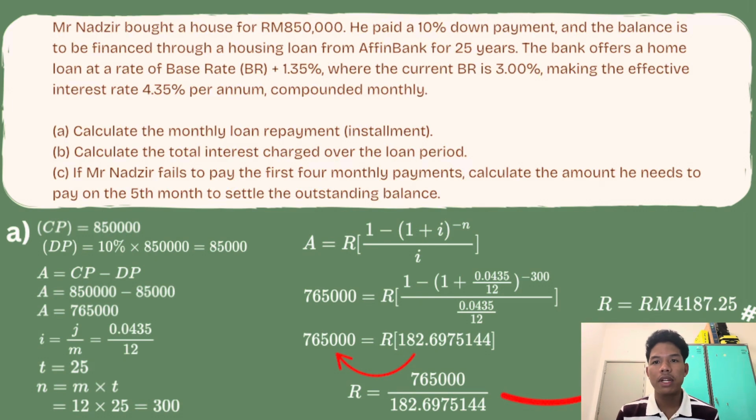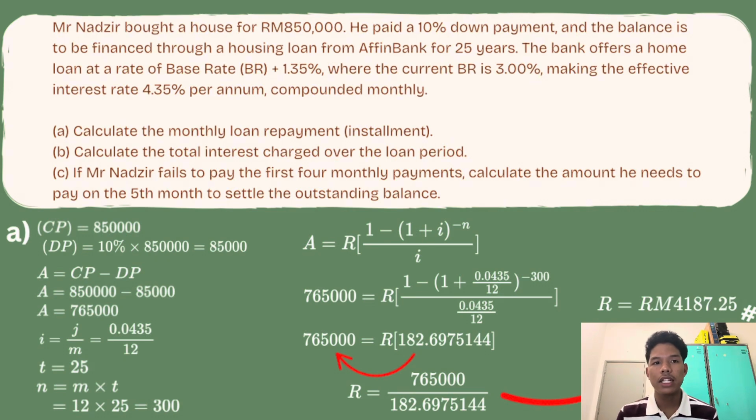The formula we must use is A equals R, 1 minus open bracket, 1 plus I, close bracket, to the power negative N, over I. So 765,000 equals R, 1 minus open bracket, 1 plus 0.0435 over 12, close the bracket, to the power negative 300, over 0.0435 over 12.